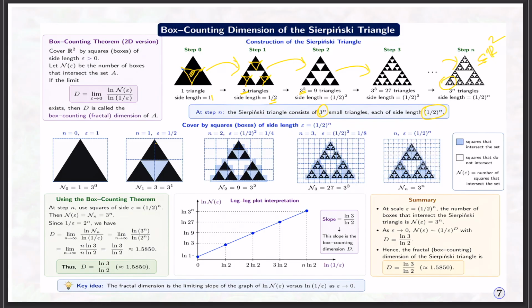Now finally, this is in R power 2, and R power 2 you can cover by boxes of epsilon equal to 1 by 2 power n. Then each box will intersect.